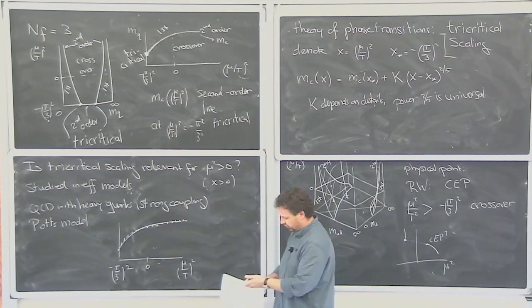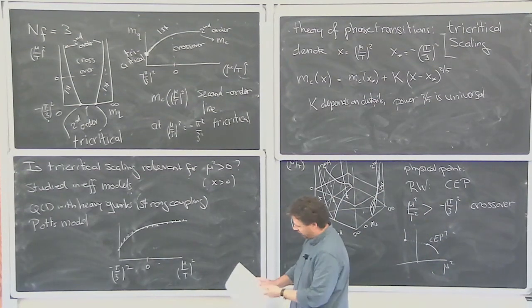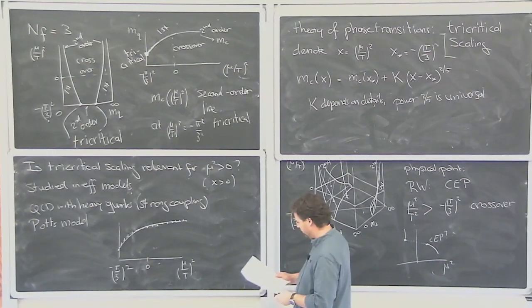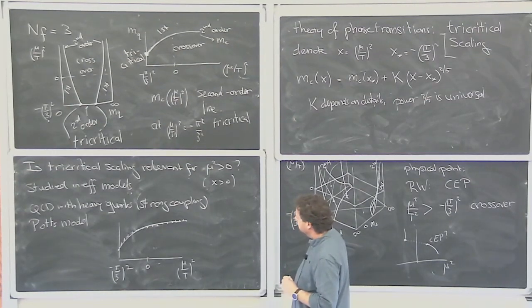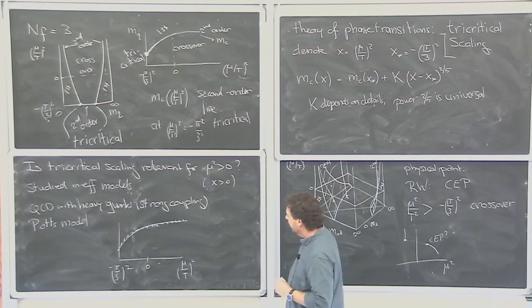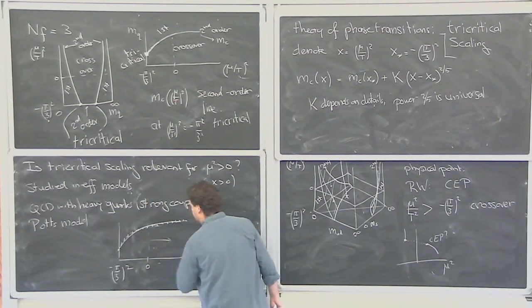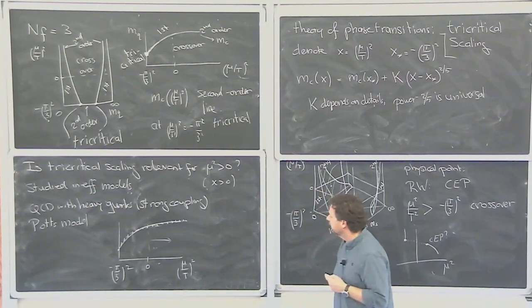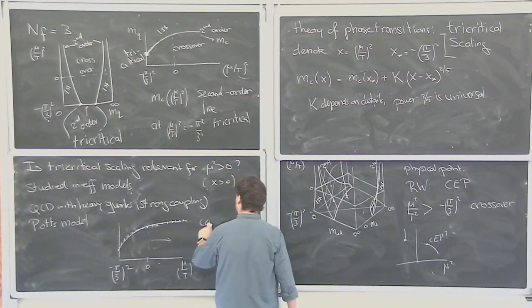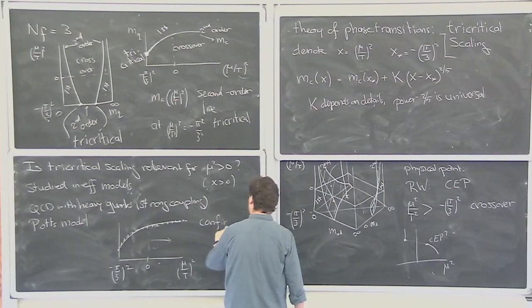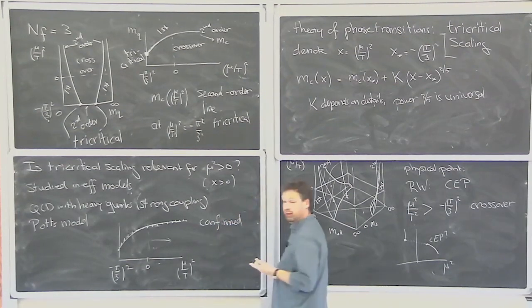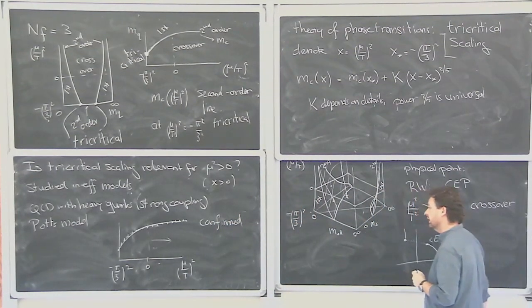In the lecture notes, there's a more detailed version, a bit more quantitative. So in other words, this tricritical scaling, which is in effect for positive mu squared, so for real mu, has been confirmed in these effective models. So that's quite nice.